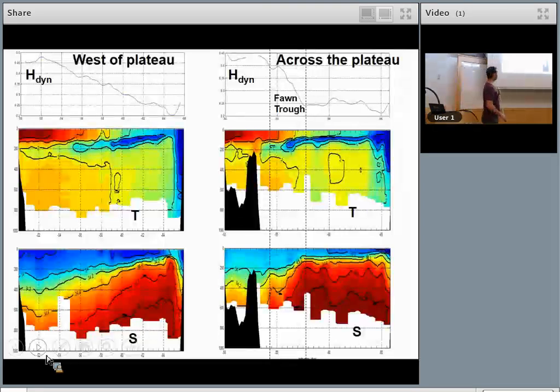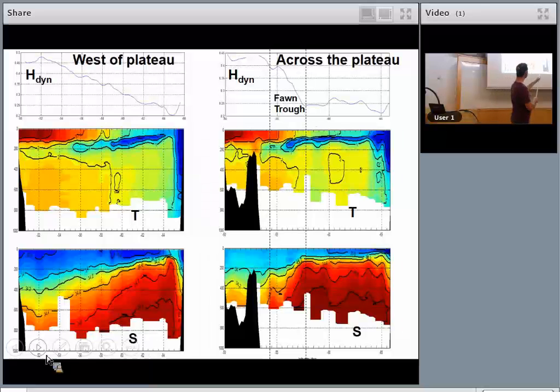So if you look at two given sections, one taken west of the plateau and one across the plateau. So this is temperature and salinity west of the plateau, and then across the plateau. What I want to show here is that the variation in properties, best seen in the salinity, west of the plateau is gradual, because you don't have so much bathymetry to force concentration of currents.